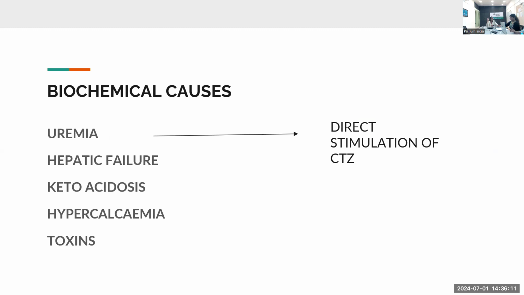Next slide. So see the biochemical causes. When the patient has uremia, hepatic failure, ketoacidosis, hypercalcemia, toxins, there is no blood-brain barrier here and it will go directly to the CTZ cell, right? Don't forget this point.